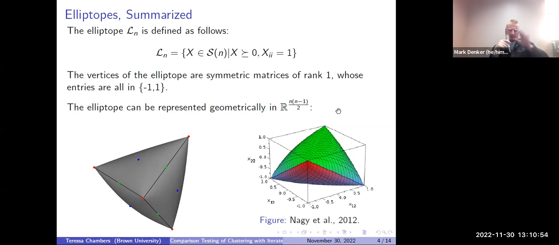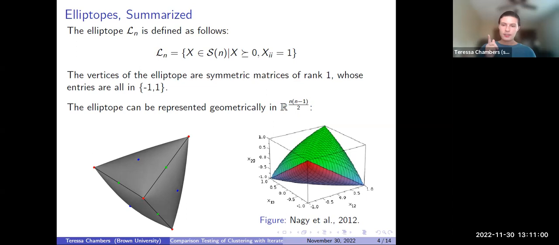So a quick point of clarification: the elliptope is not a polytope because it is curvy. So I can talk about vertices because it has these sharp corners that have full rank normal cones, similar to how you would for a polytope.